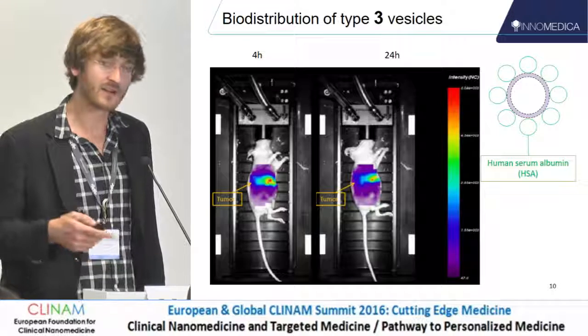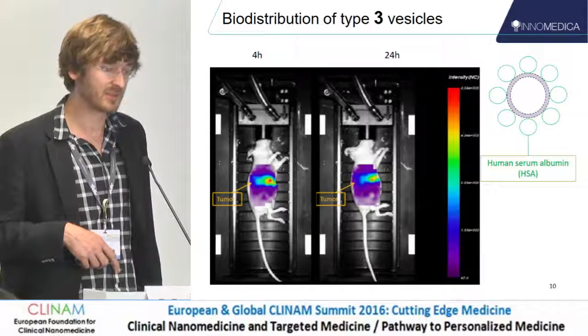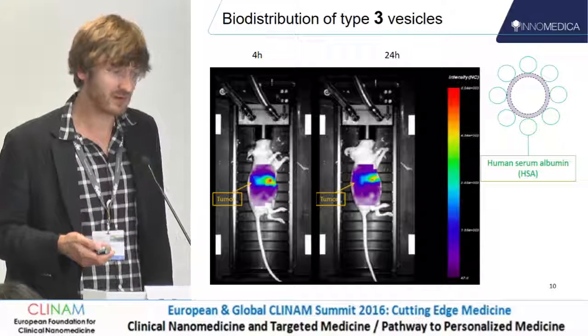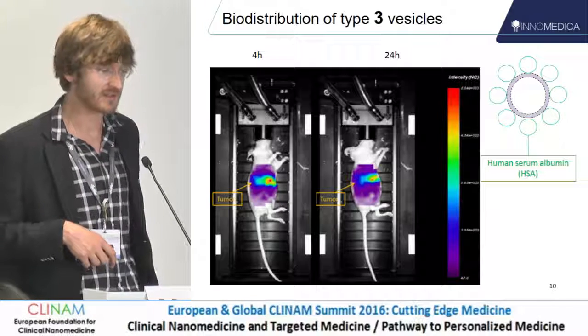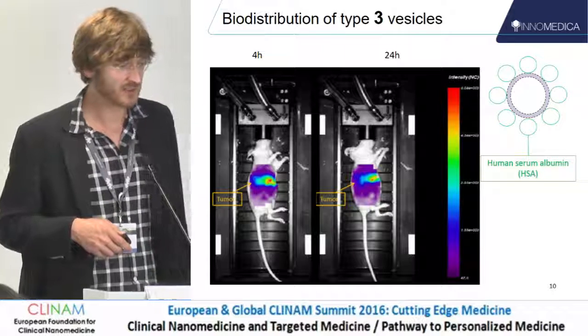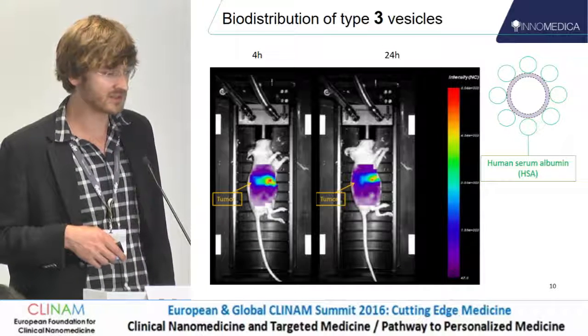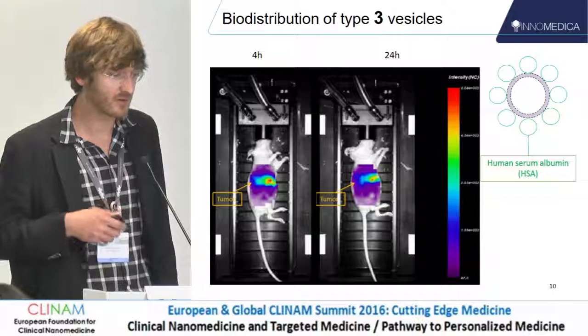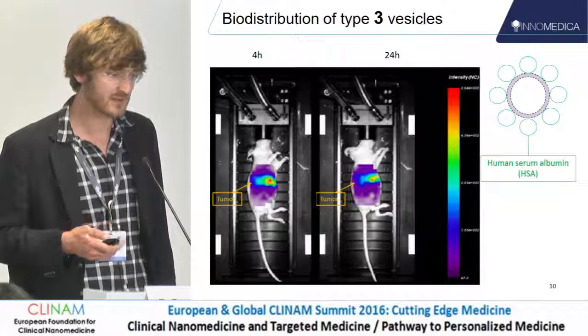An untargeted particle carrying only serum albumin is, within 4 hours, found to a large part inside the liver and not so much in the tumor, which is indicated by the yellow arrow on the left flank of the mouse.